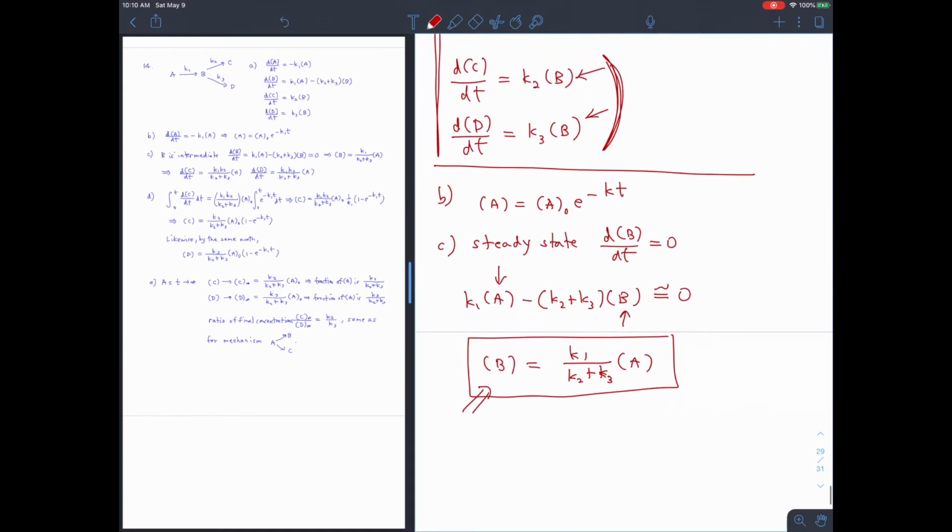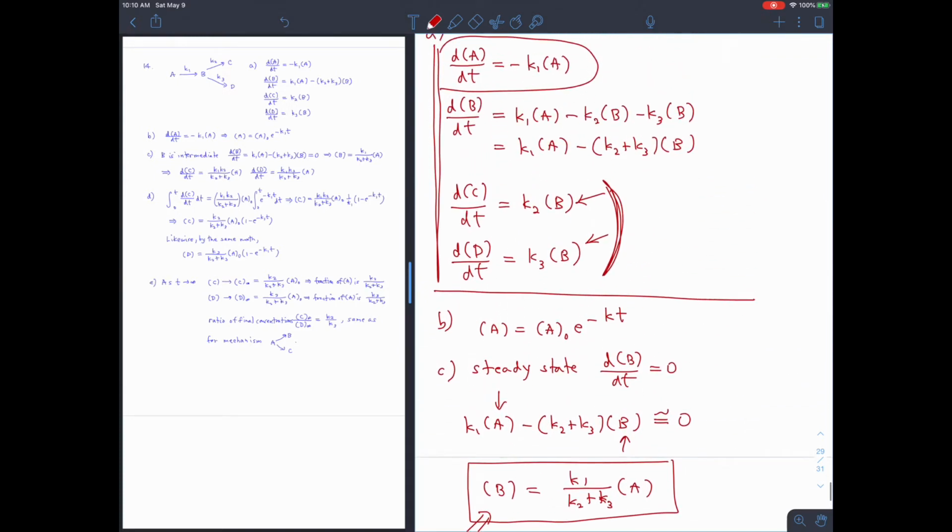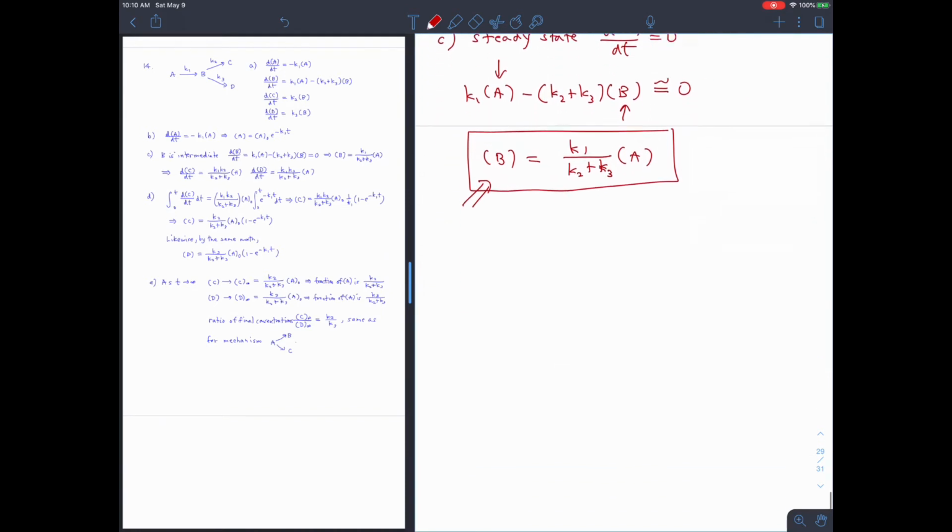What we want to do next, in the next part of the problem, is use that relationship to find useful rate equations for C and D, which we can then solve to find how C and D change with time.